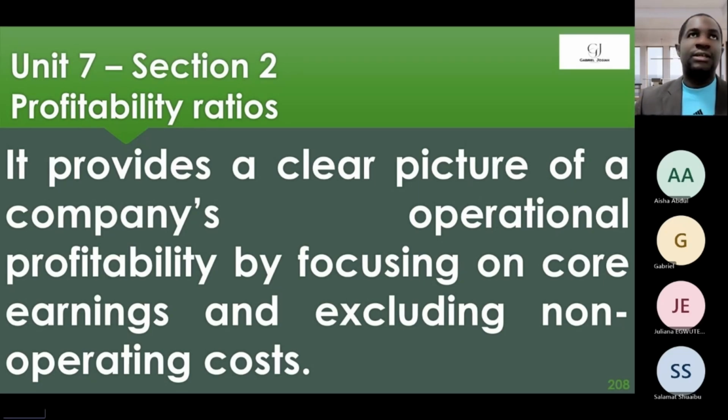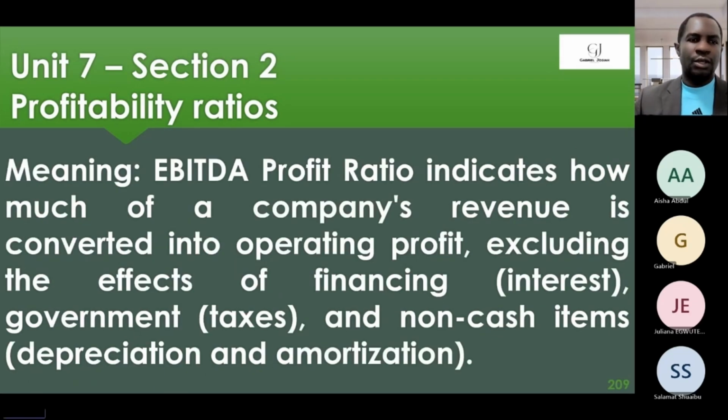And the US jurisdiction loves the EBITDA very much. So what does it mean? It indicates how revenue is converted into operating profit, excluding the effects of interest. This one, you have no control over it. Taxes, you don't have control over taxes.